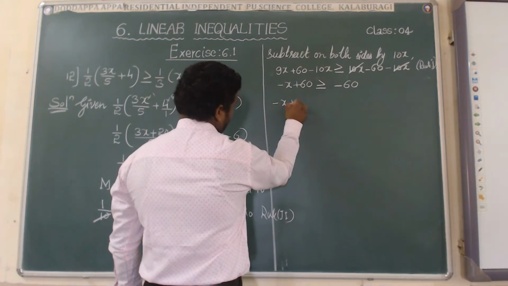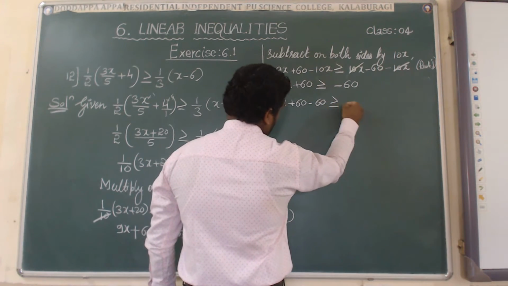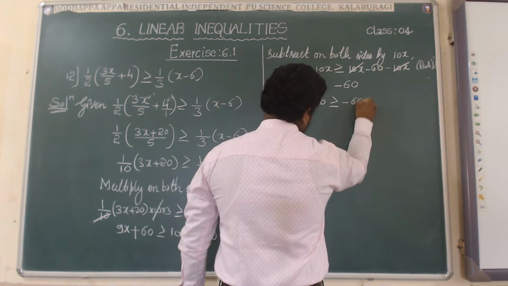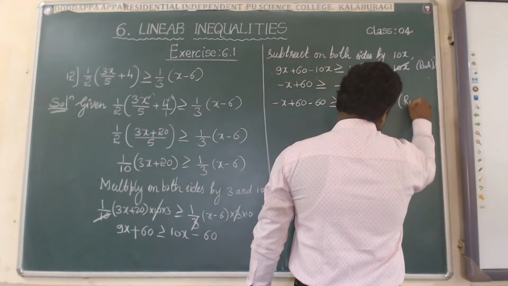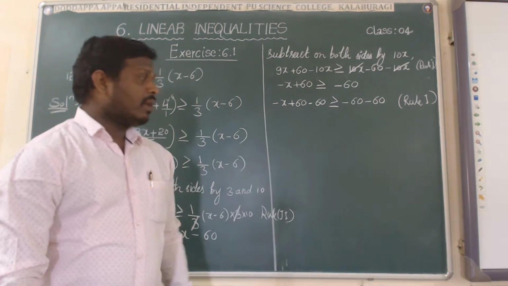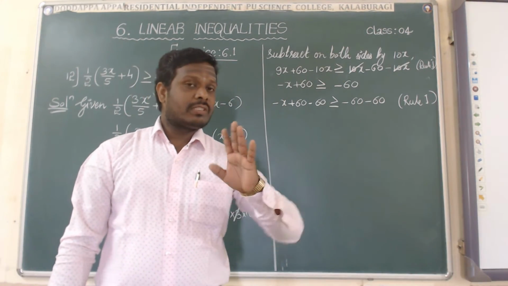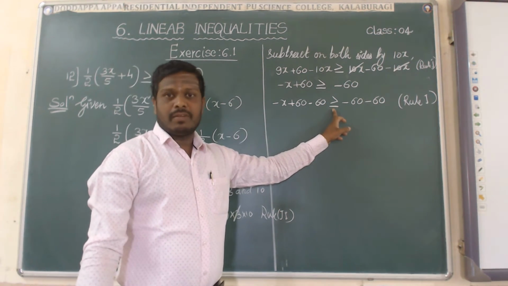Minus x plus 60 minus 60 is greater than or equal to minus 60 minus 60. Rule one: equal numbers may be subtracted from both sides of the given inequality without affecting the sign of inequality.